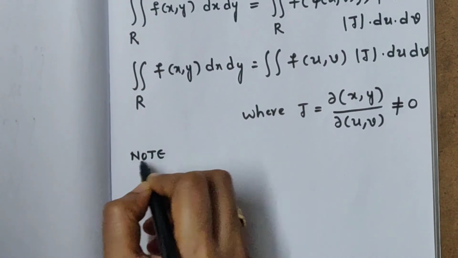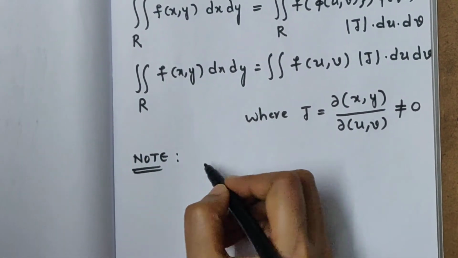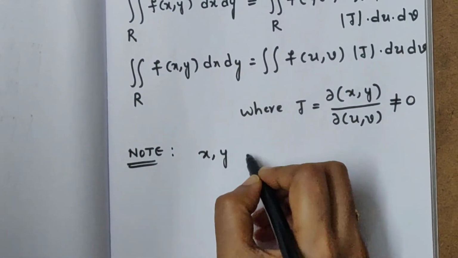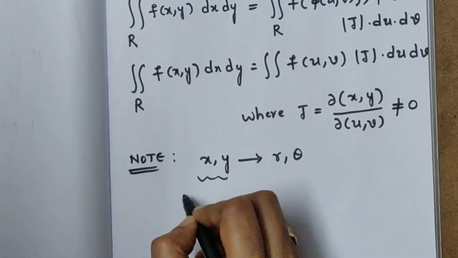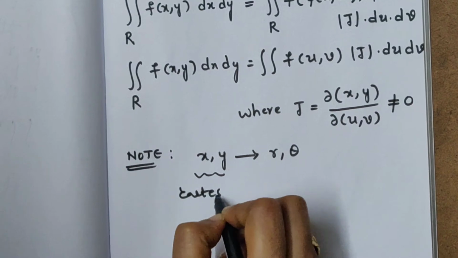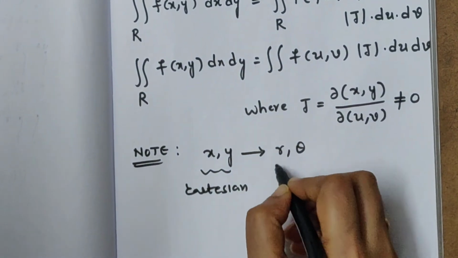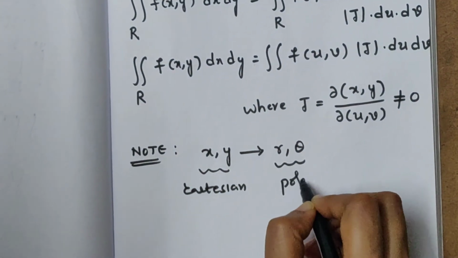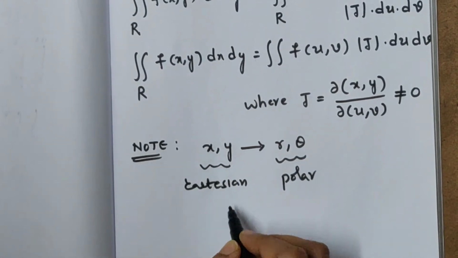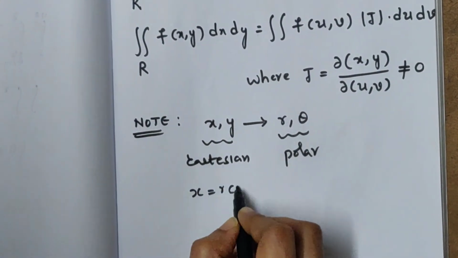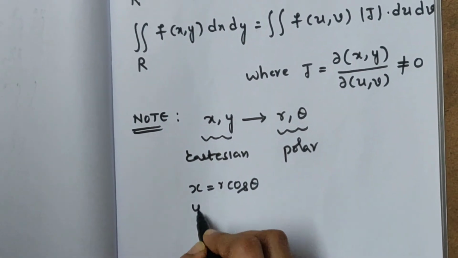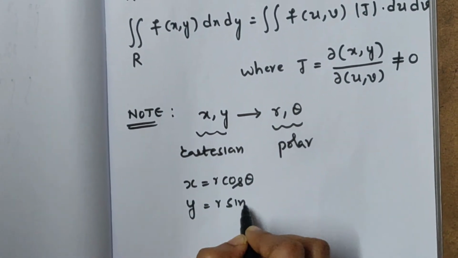Now we see how to convert the Cartesian variables to the polar variables. Our aim is Cartesian to polar. For that, the transformations are x equal to r cos theta, y equal to r sin theta.